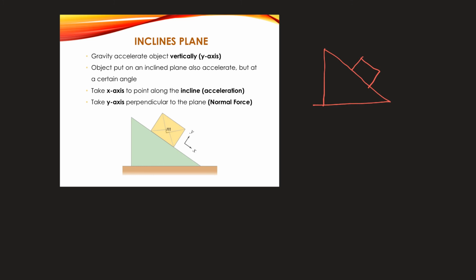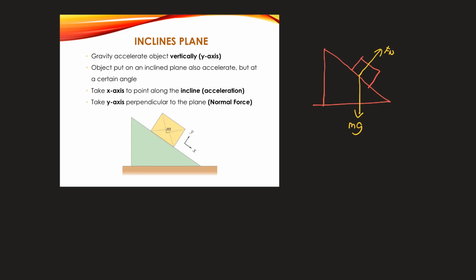This box on top of the inclined plane will have normal force, which is perpendicular to the inclined plane, and then mg, which is always vertical. The gravitational force is always downward and vertical.